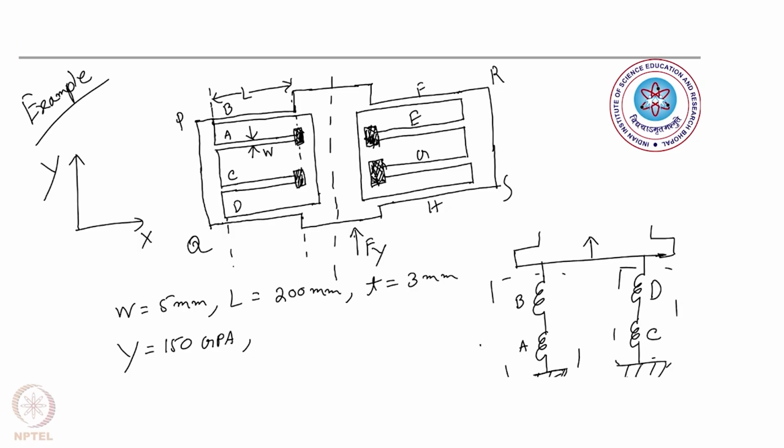In that case, what we will find out first is the stiffness constant for one side of the beams, that is ABCD.